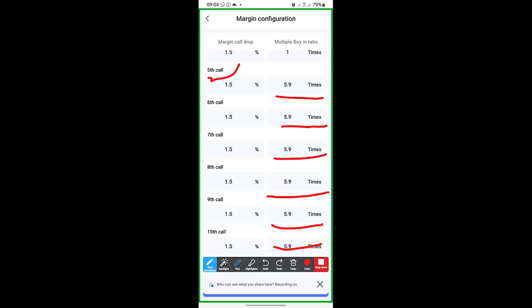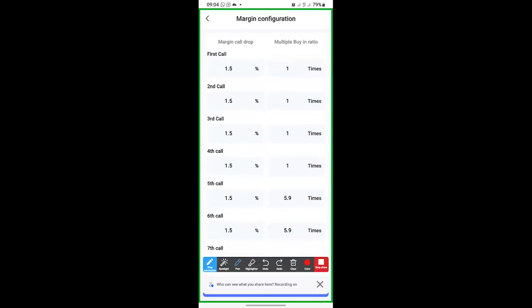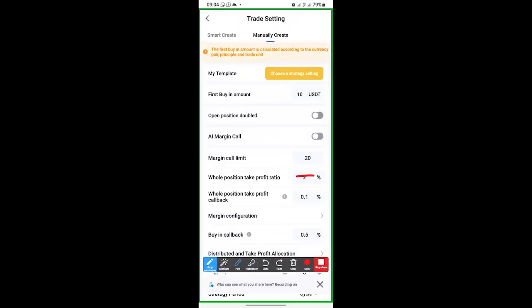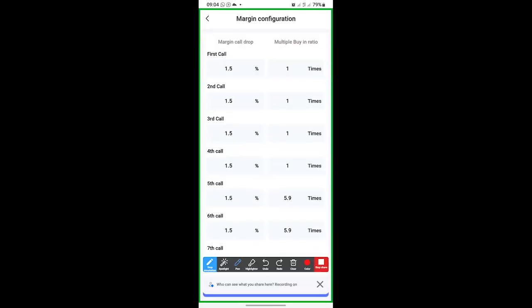You have to put a lot of capital in the subpositions because the first four calls are not subpositions. They're not so important in the game because they are sold here, not on distributed take profit allocation. So that's why on this strategy, I've put small capital on the first four calls.